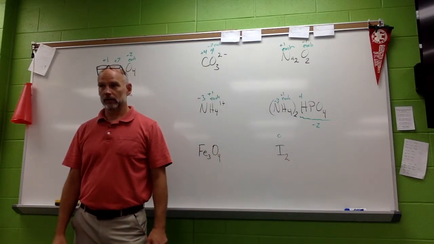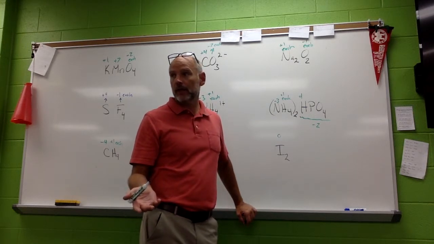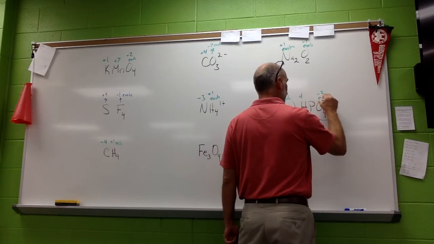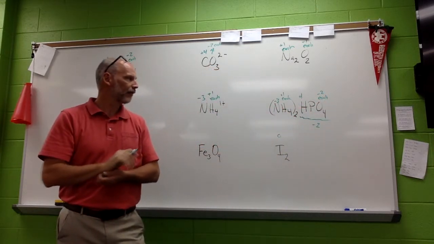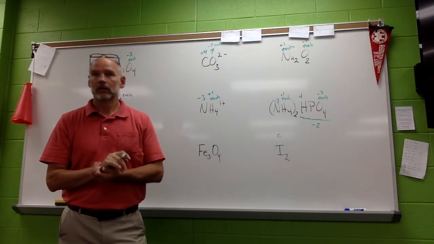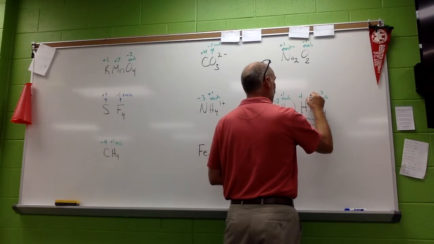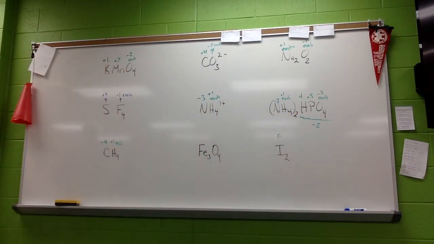Would you guys agree? Okay. Therefore, the next easiest one would be the oxygens, which are going to be -2 each, which makes our phosphorus have to be +5. Okay. So sometimes in an ionic compound such as this one, we actually have to look at the charge of the ions to help us figure out what's going on.